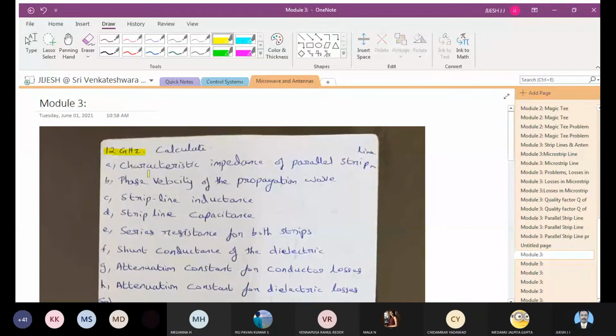Calculate. Here we are going to calculate 8 things, till h. The first one is the characteristic impedance of the parallel strip line, that is Z0.